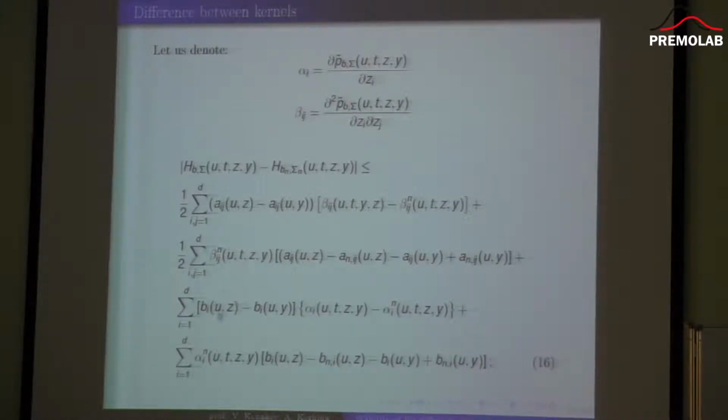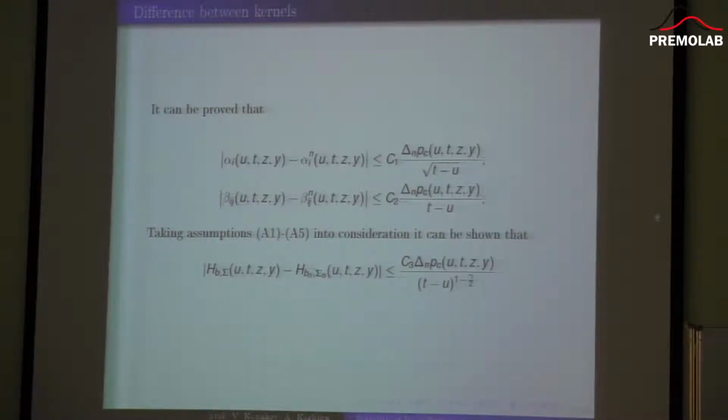We also know this difference according to the Holder properties. And we know the estimation for the first derivative. And also we know the difference between coefficients of the main process and of the approximating process. So actually what we want to estimate is just the difference between first derivatives and the difference between second derivatives.